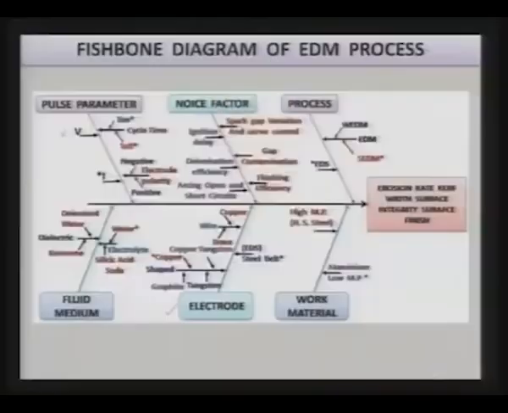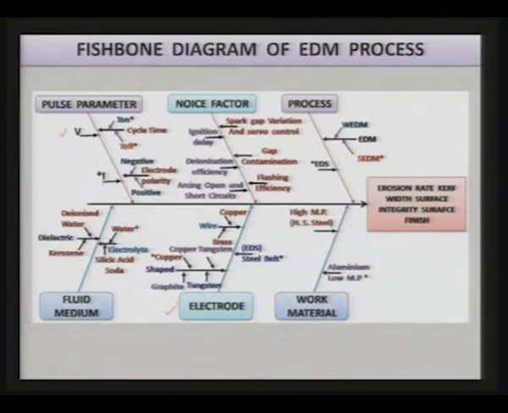Also you can use copper tungsten as the material for the electrode, that is the tool. Copper, graphite or tungsten, they are also used as the material for making the tool or the electrode, and you have to make them in different shapes depending upon what final shape you want on the workpiece.